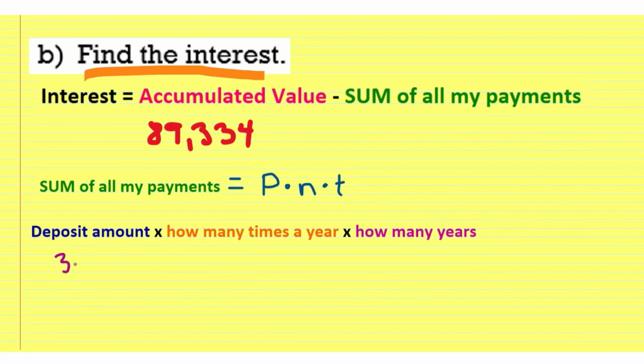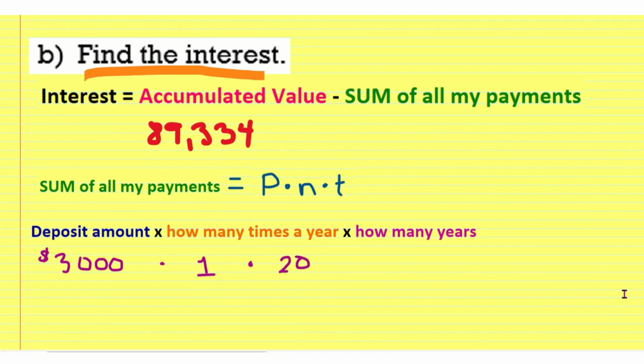I was depositing $3,000. And how often was I depositing $3,000 every year? I was only depositing it annually, one time per year. And for how many years? We were depositing the $3,000 at the end of every year for 20 years.